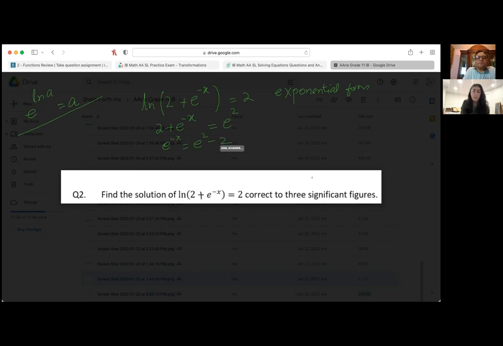Now would I take ln of both sides because I have e and e? No. That e is a constant. So e to the power of minus x. Okay, you can take ln. If I take ln, wouldn't that just bring me back to the original question? No, no. The right hand side is a constant.